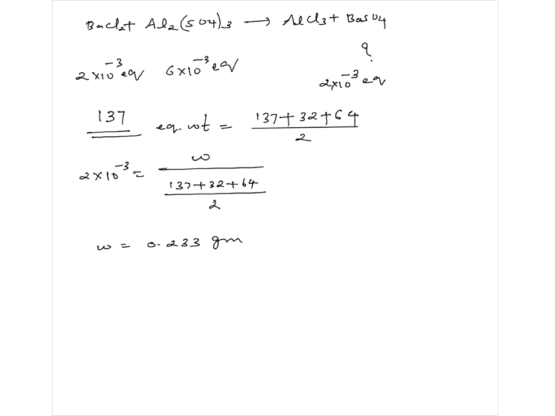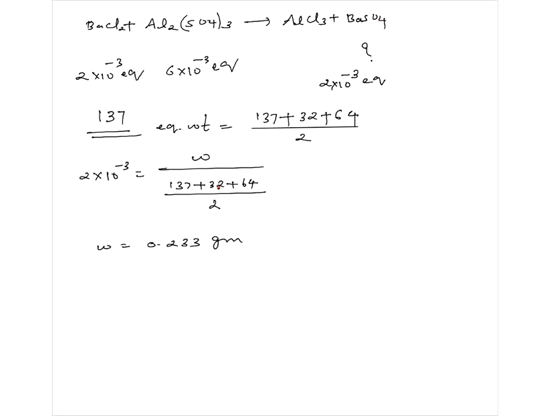Equivalents are equal to mass in grams divided by equivalent weight. What is the equivalent weight of barium sulfate? Its mass: barium 137, sulfur 32, oxygen 16 into 4, 64.